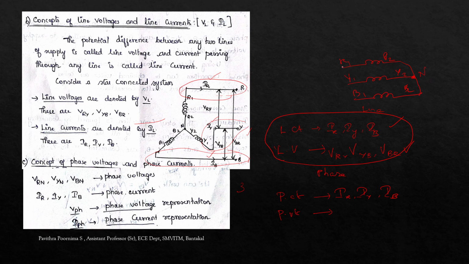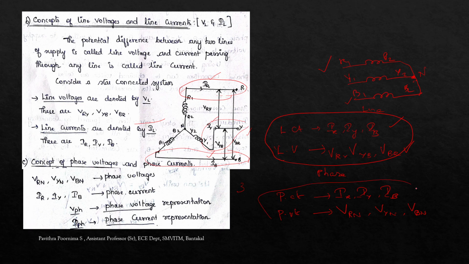This means the phases are connected between the line and neutral. So the phase voltages: the first phase is the R phase, where the voltage is VRN. Next is the Y phase, where the voltage is VYN. And next is the B phase, the third phase, which is connected between B and neutral.